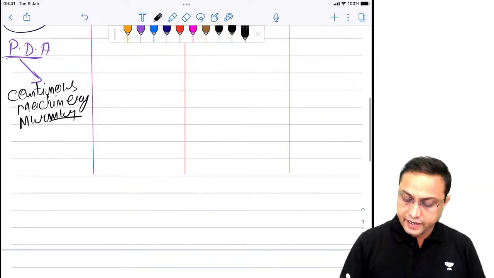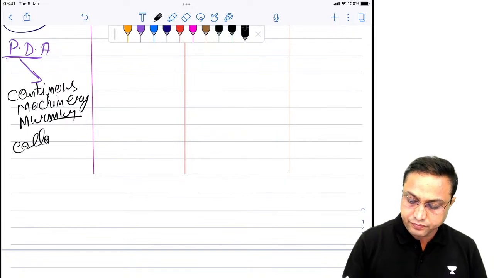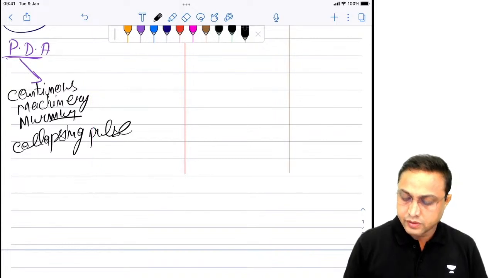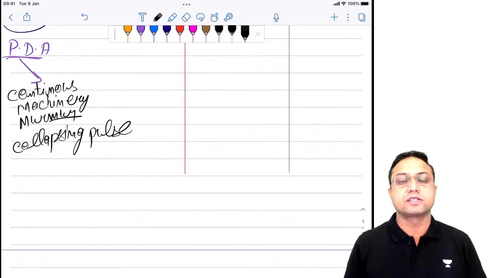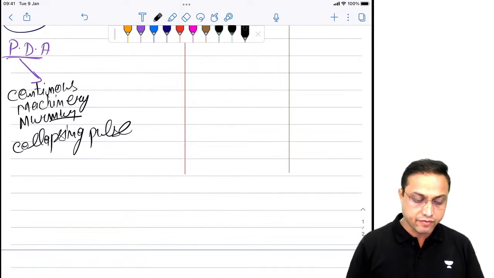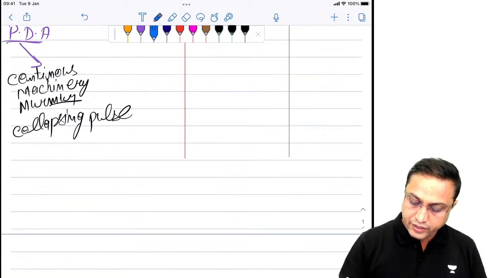The patient can have a collapsing pulse. So these are the characteristic features: a continuous murmur, a collapsing pulse, and a left to right shunt.